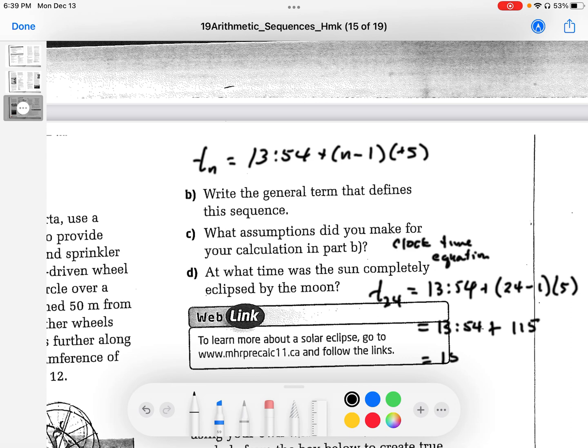So that's going to be 15:49. So 3:49 p.m. Okay, so we have to be a bit careful because this amount here is different than this amount here. The red is clock time, whereas the blue is in minutes. So we have to make sure we add that to clock time.